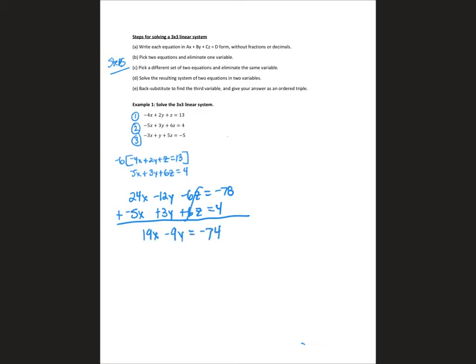Now, once I have that equation, I need to come back to my 3 original equations and pick 2 different equations. In this first example, I wrote the first 2 equations, the top and the middle one.